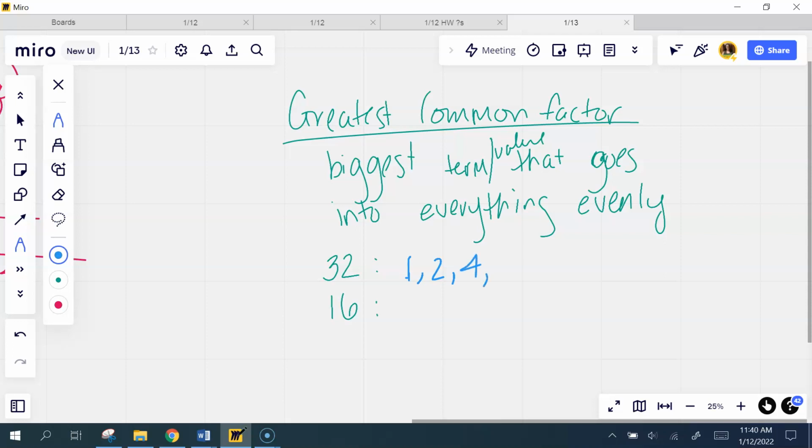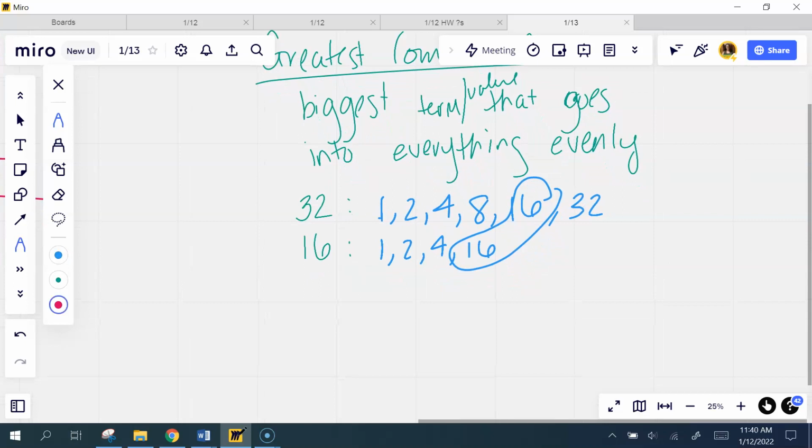Not 5, not 6, not 7, but 8 does. 9, 10, 11, 12, 13, 14, I think 16 is the next one. And then, of course, 32 itself. So for 16, I'm at 1, 2, 4, and 16. So the biggest one that they have in common that I could divide both of them by with no remainder would be 16.